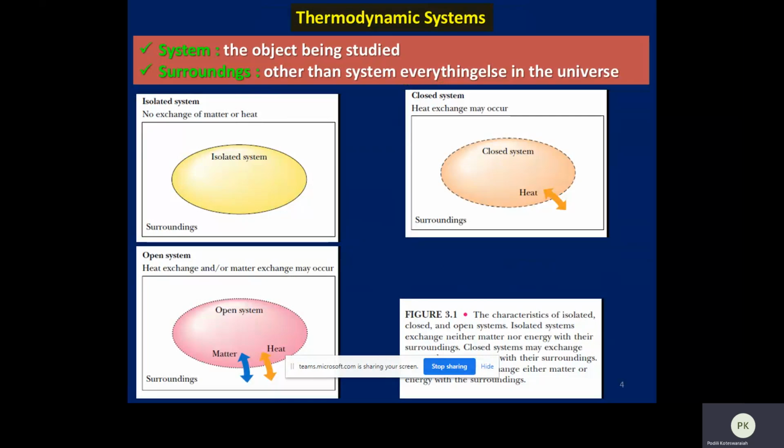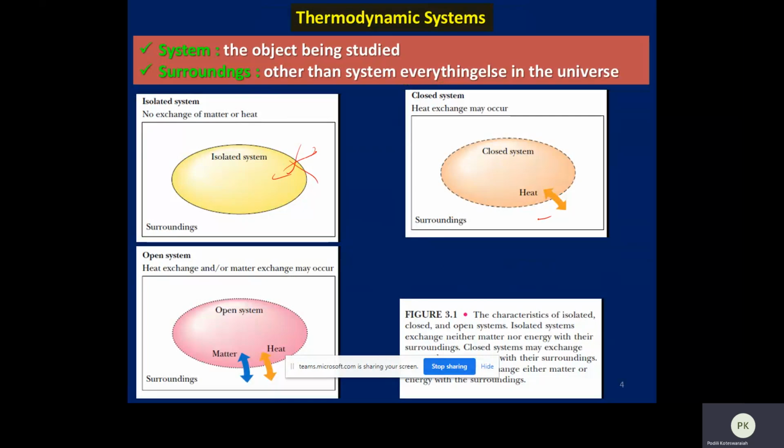In a closed system, there is exchange of heat, but not matter, between the system and the surroundings.